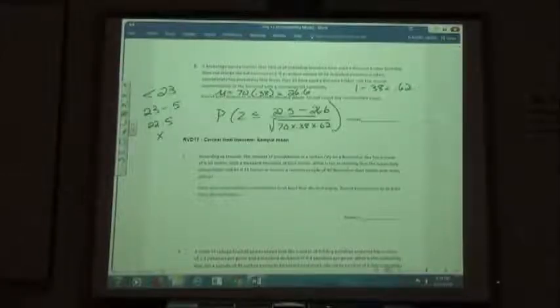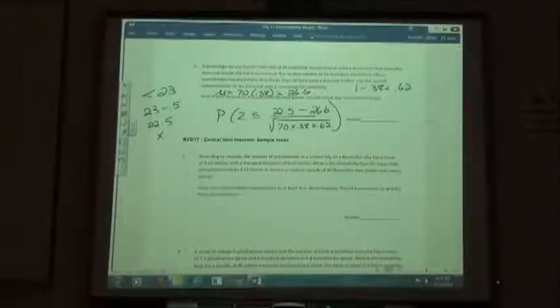And round to 3 decimal places. Is that wrong? So clear that out for me. Let me see what you punched in. So P of Z. Yep. And then on the top, 22.5 minus 26.6.